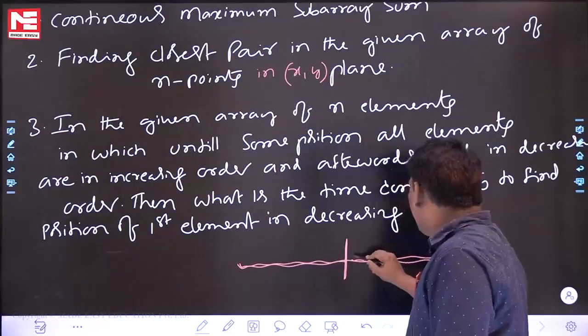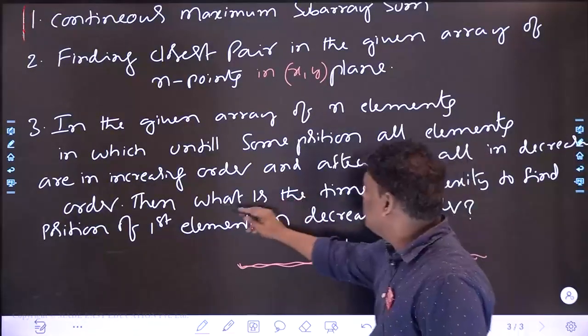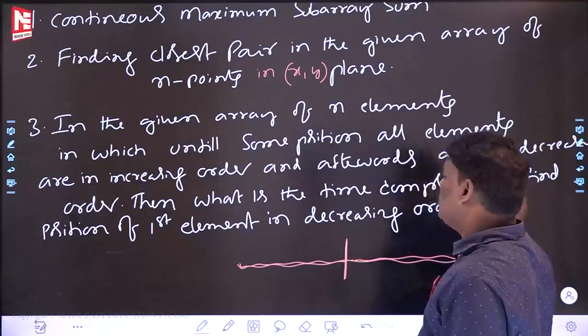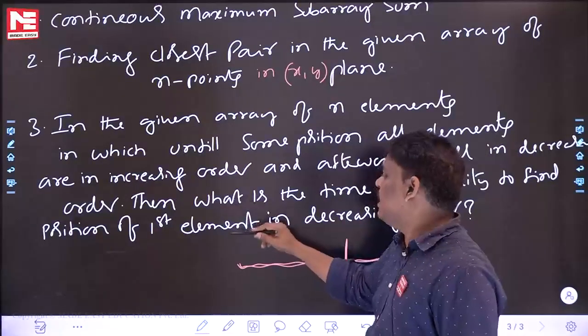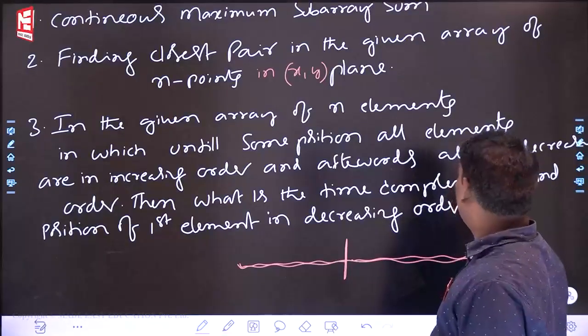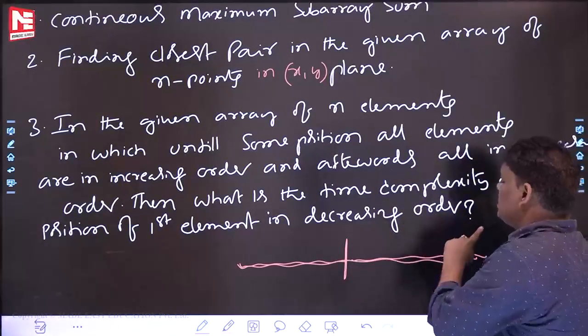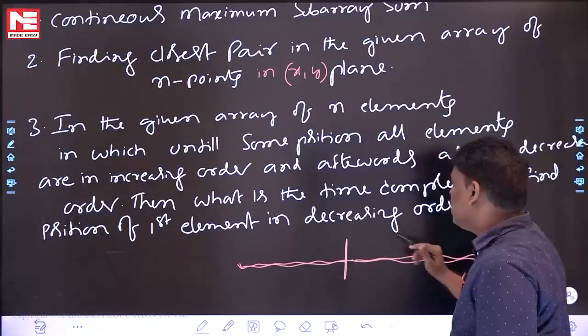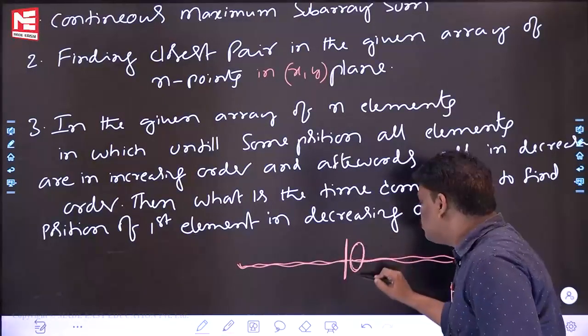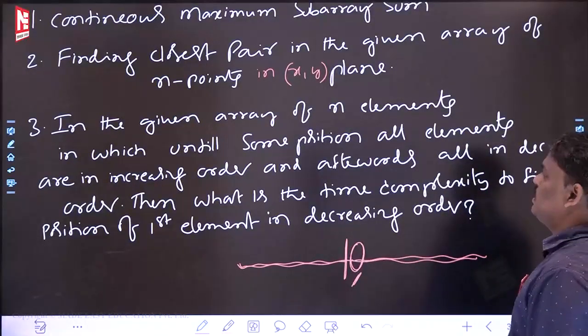Until here increasing order, from here decreasing order. Then what will be the time complexity to find the position of the first element in decreasing order? It is increasing order, it is decreasing order. In the decreasing order, the first element, this position you have to return. What is the time complexity?